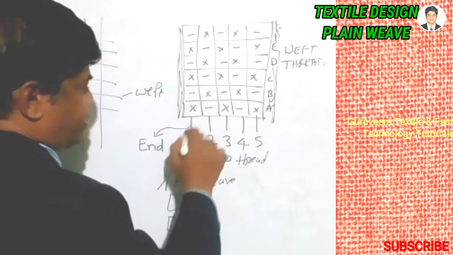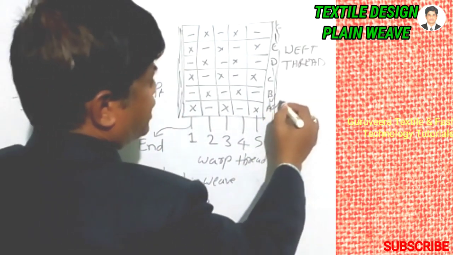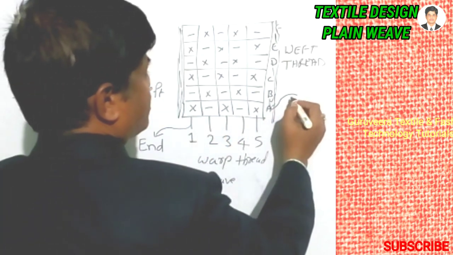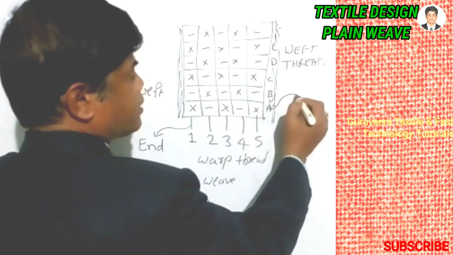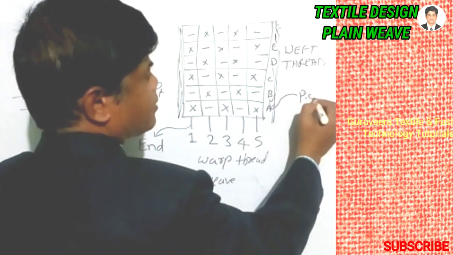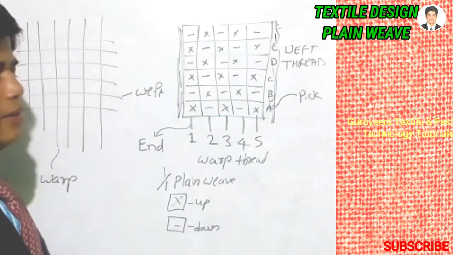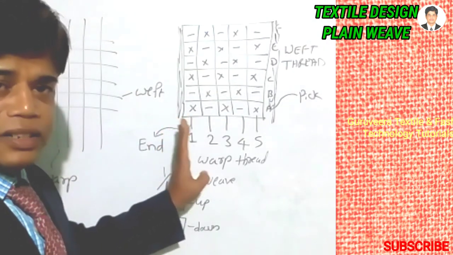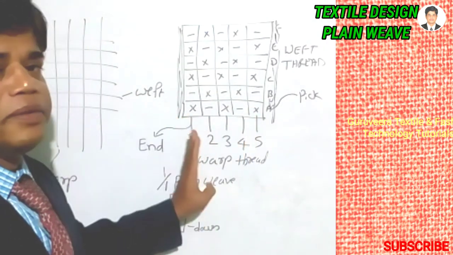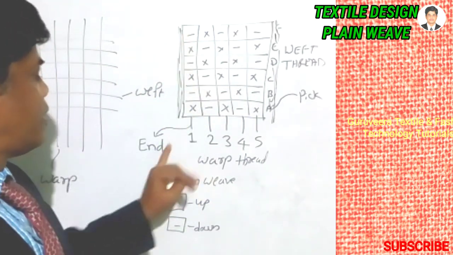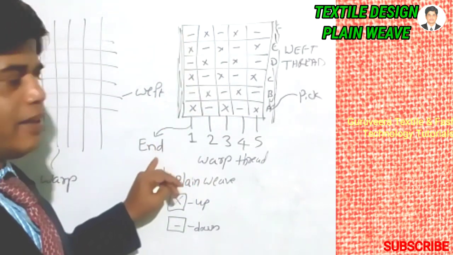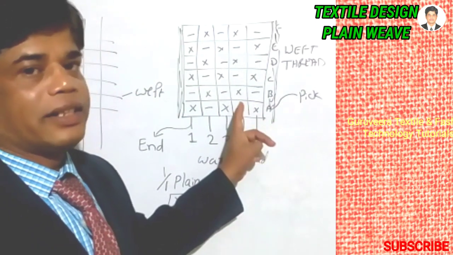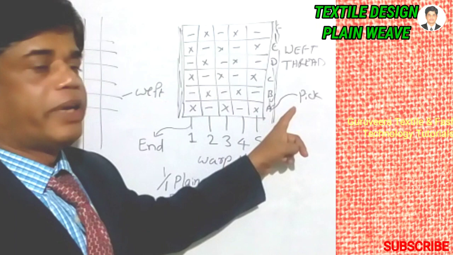This is the thread, and this individual horizontal thread, that is weft, is called a pick. An individual single floating thread longitudinally is called an end, and an individual floating thread horizontally is called a pick.